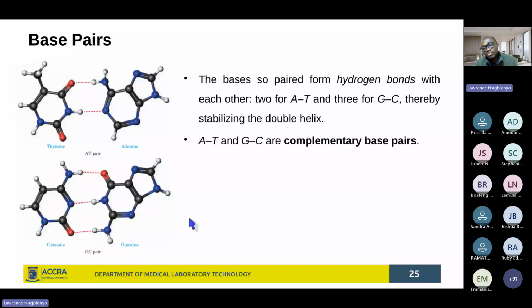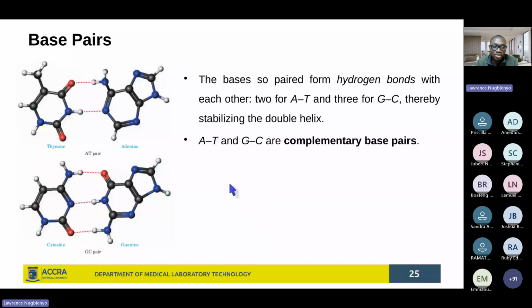Now, this brings us to the term complementary base pairing. What does it mean when you hear complementary base pairing or complementary base pairs?